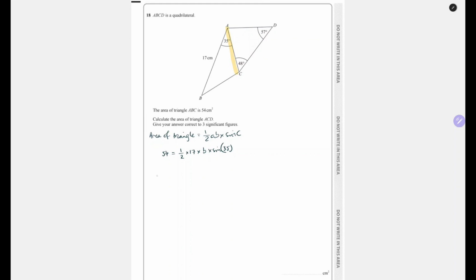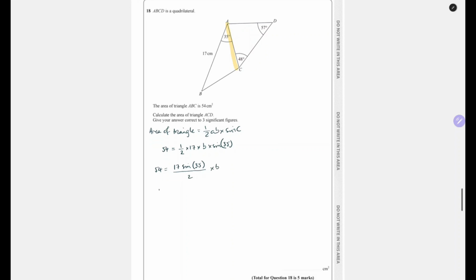We can collect the like terms, so that's 54 is equal to 17 sine 35 over 2 multiplied by B. So if we make B the subject, we get B is equal to 54 times 2 over 17 sine 35.